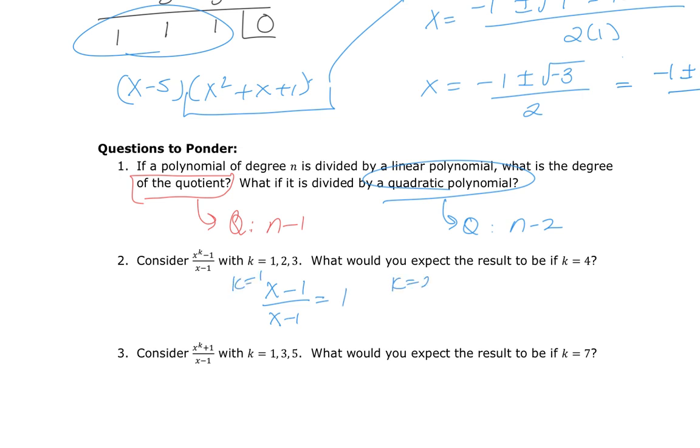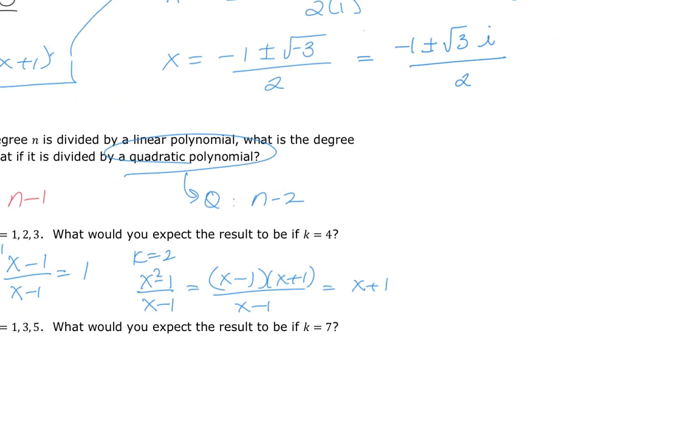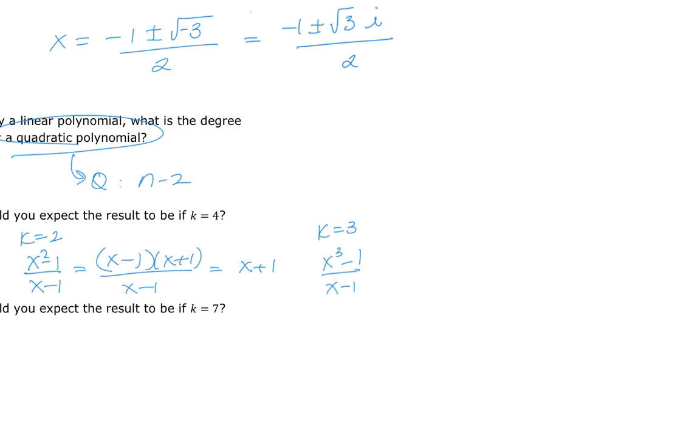When k is equal to 2, I'm going to have x squared minus 1 over x minus 1, which is x minus 1, x plus 1 divided by x minus 1, which is going to give me just x plus 1. When k equals 3, well, this is just going to be x to the third minus 1 over x minus 1. Well, now let's actually do the long division.